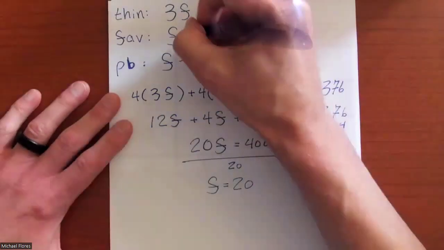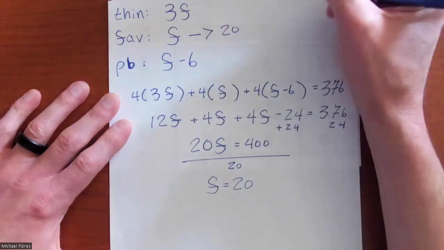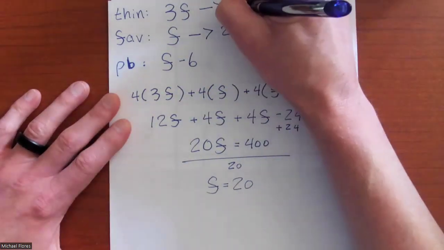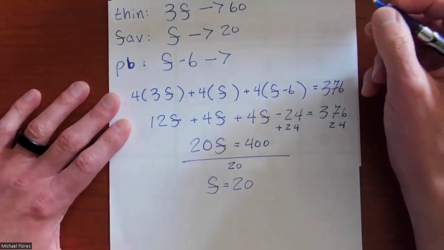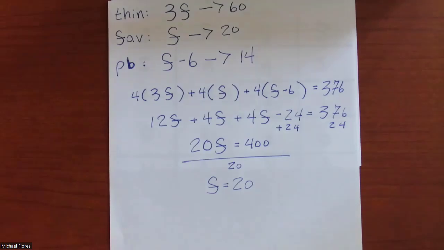So now we know how many Savannah's we sold. Now we know how many Thin Mints we sold. What is 3 times 20? And now we know how many peanut butter we sold. 20 minus 6 is 14.